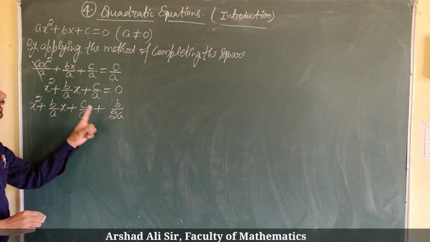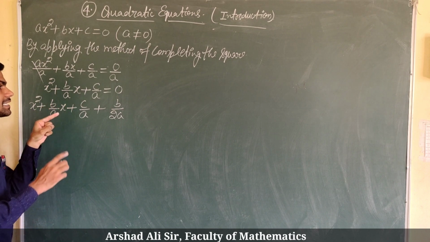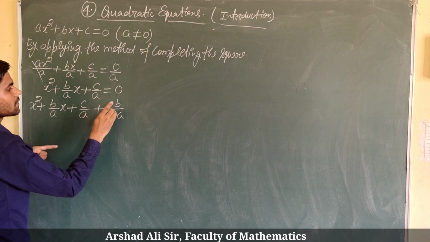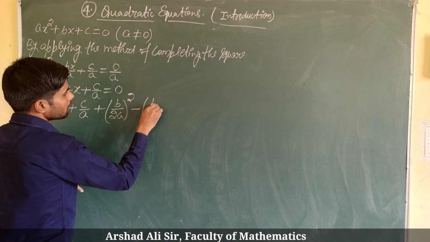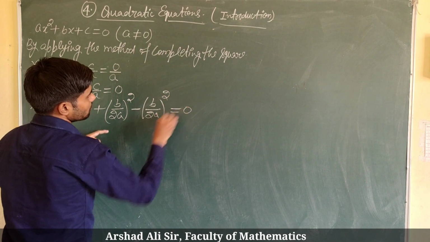Here in x square plus b upon a x plus c upon a, we can see half of the coefficient of x, b upon 2a. We can add the square of this term and subtract the square of this term: b upon 2a whole square minus b upon 2a whole square is equal to 0.